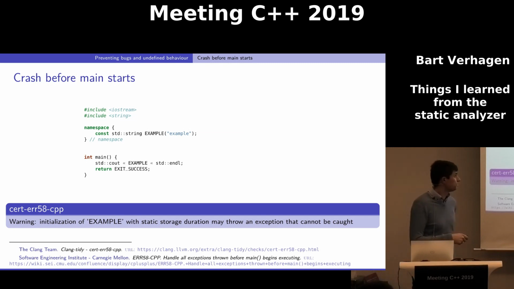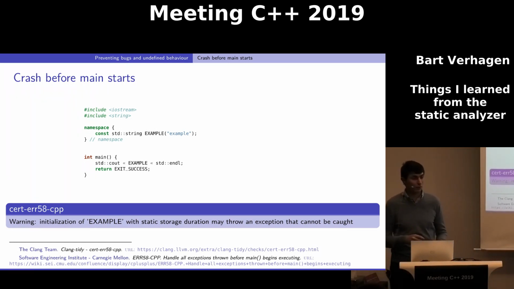For example, here. Does anyone know why it's telling us this here? Okay, it turns out that this string constructor can throw in certain circumstances. It can throw if the string is longer than the maximum allowed length of a string.